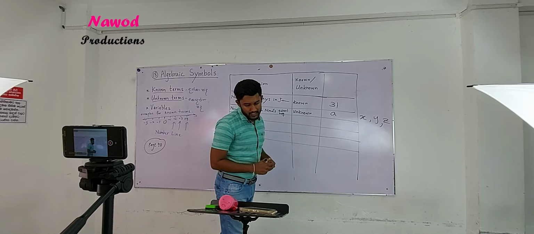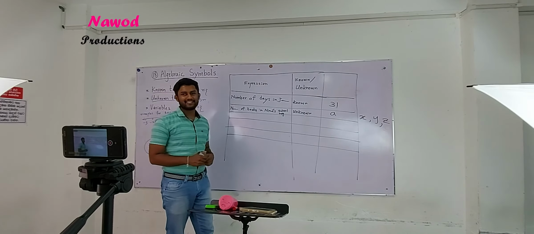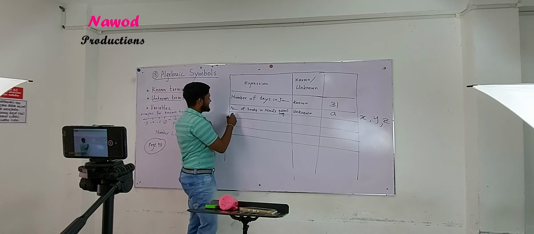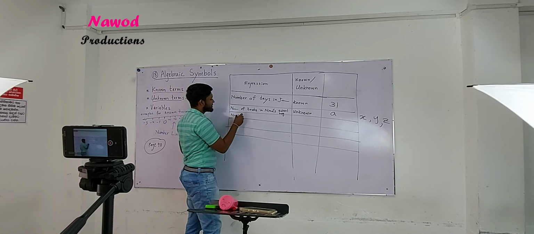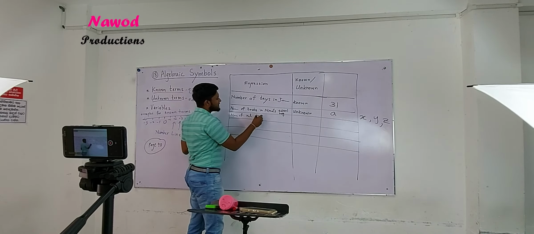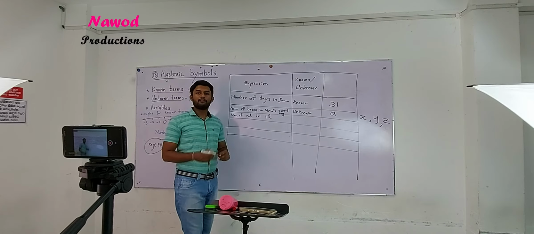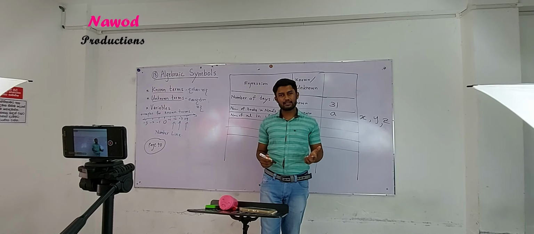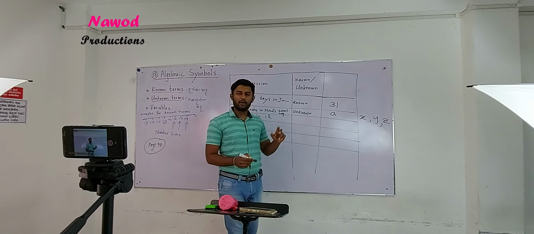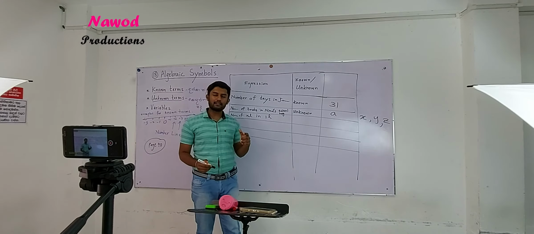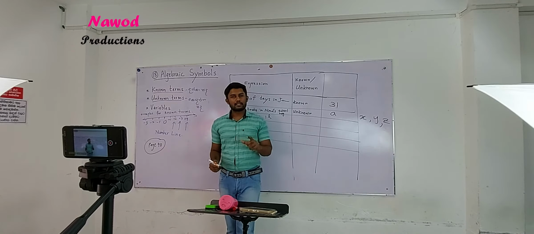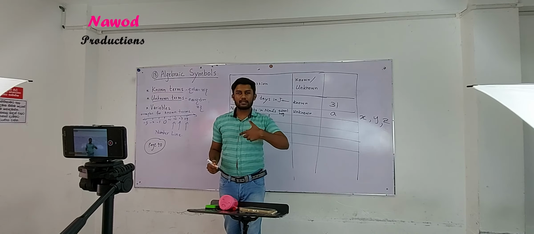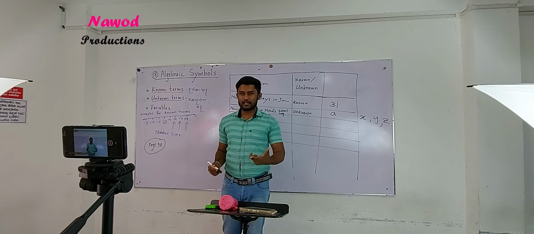The number of milliliters in 1 liter. Very easy things, right? Number of milliliters in 1 liter. For 1 liter, how many milliliters are there, my dear students? 1000. We already know those things. Then tell me, students, is it a known term or an unknown term?